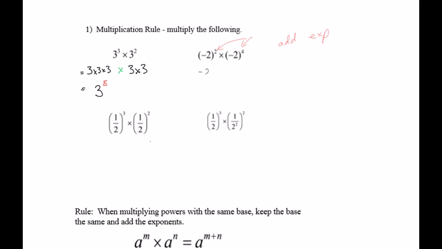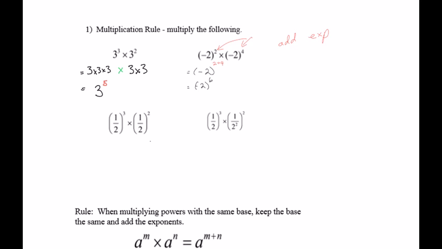Our base is -2, and you'll notice that it's in a bracket. Because we have a 2 and a 4, we just add them together, 2 plus 4, and we get as our final answer -2 raised to the 6.